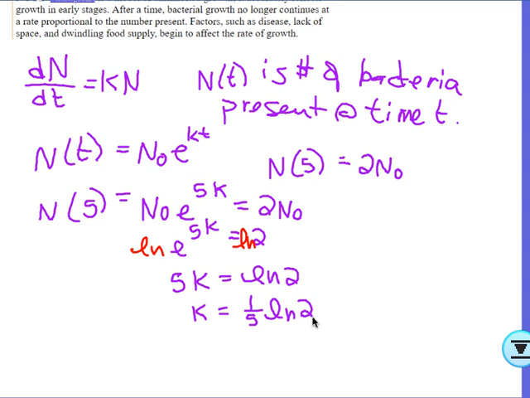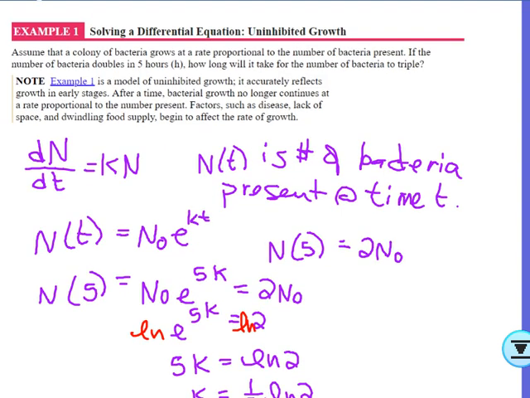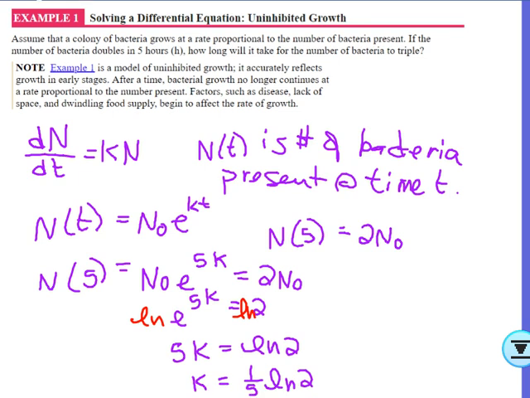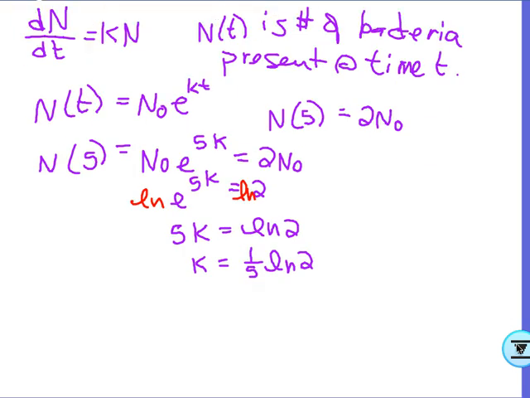Okay, so now I've got this general equation, and they want to know how long it's going to take for my bacteria to triple. All right, so now we're trying to figure out our t, but I don't know what I'm looking at, right?